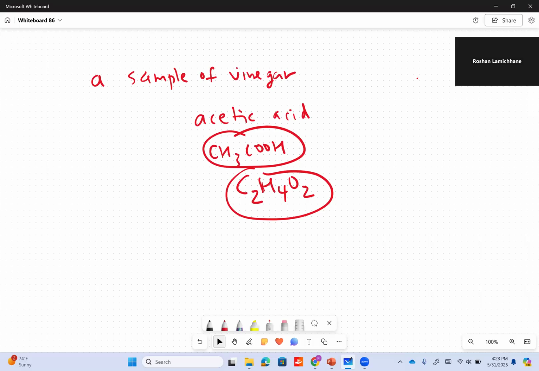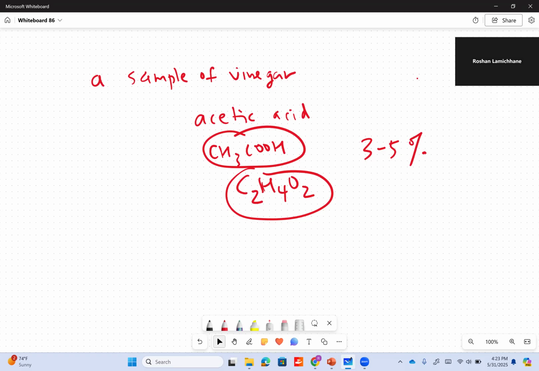But if you look at the label on the vinegar you bought, let's say from Walmart, it'll tell you exactly what the mass percent of acetic acid in that vinegar sample is. Usually Walmart and other stores sell it with 3.3 to 5% mass percent of acetic acid in the vinegar sample.